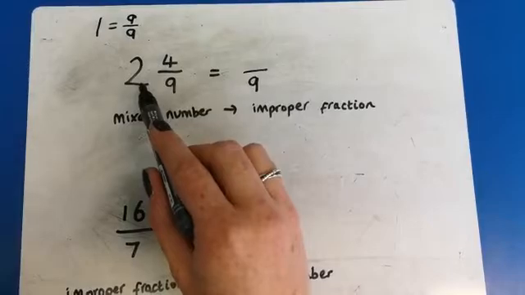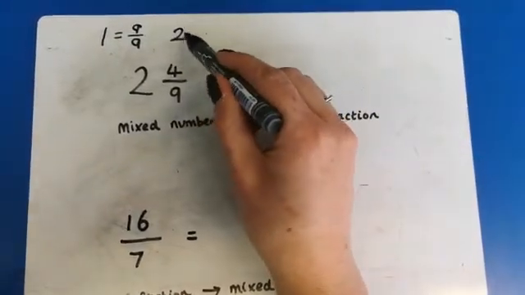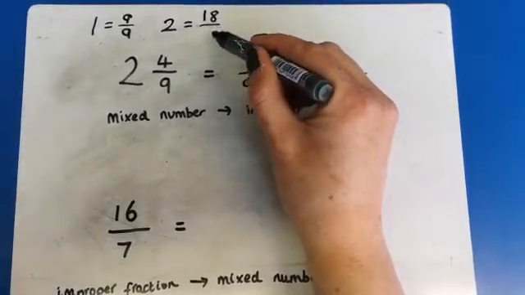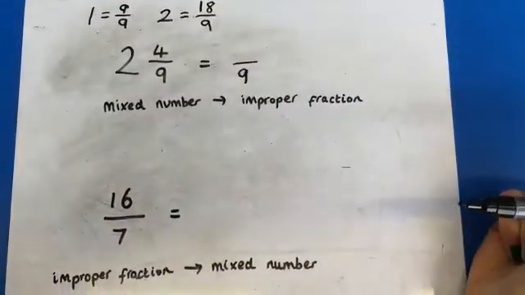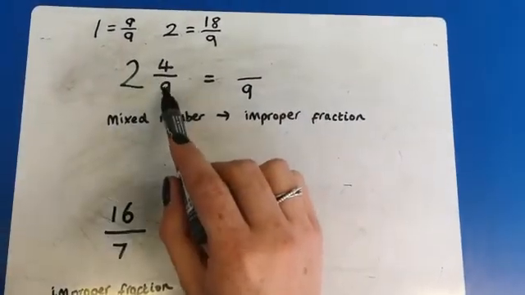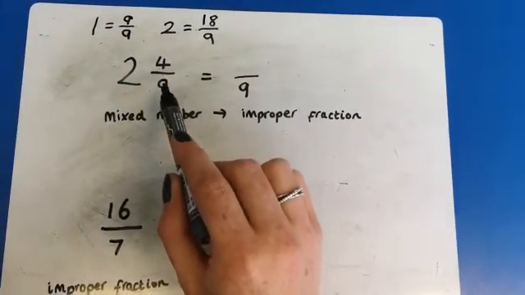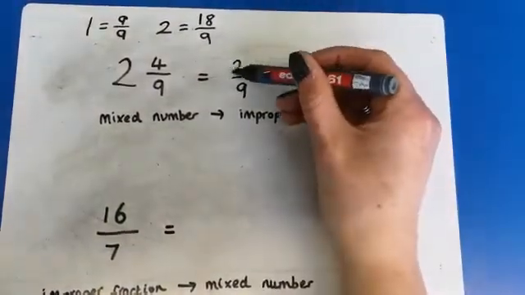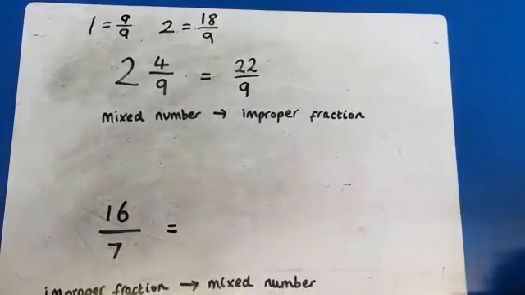But we've got 2 whole ones, so 2 whole ones would be another lot of 9 ninths, which would equal 18 ninths altogether. But our mixed number is 2 whole ones and 4 ninths. So I need to add on those extra 4 ninths to my 18 ninths, which gives us 22 ninths altogether.